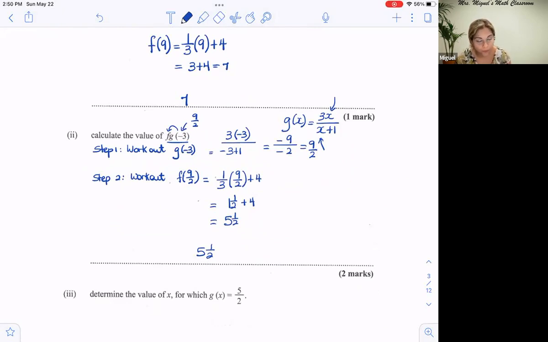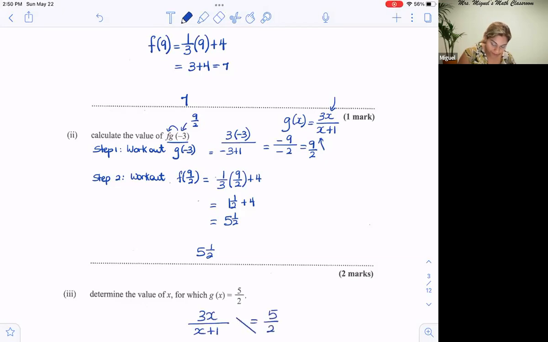to read the question. Find a value for x for which g of x is 5 over 2. So they are telling you g of x is 5 over 2. So we just cross multiply. G of x is 3x over x plus 1, which is equal to 5 over 2.